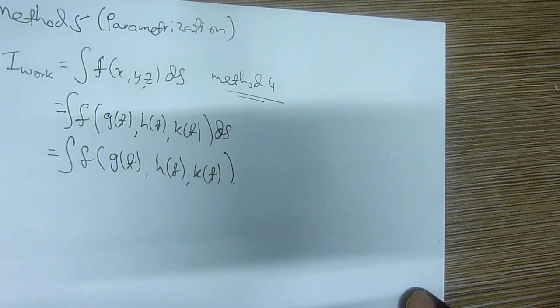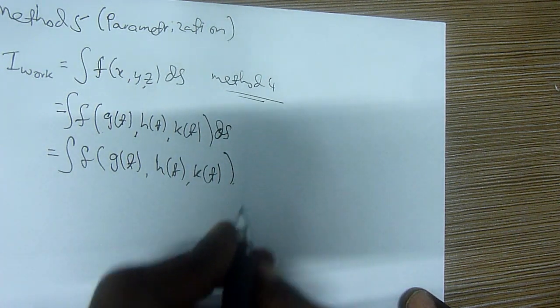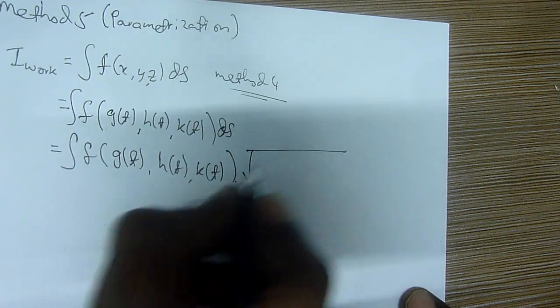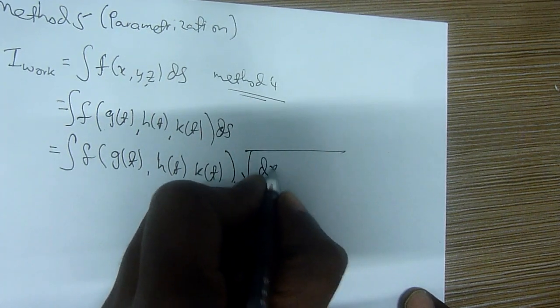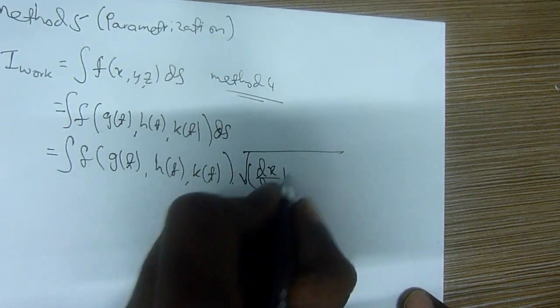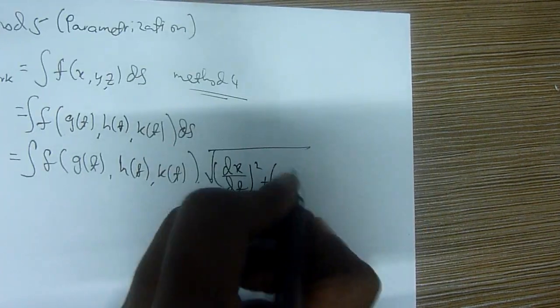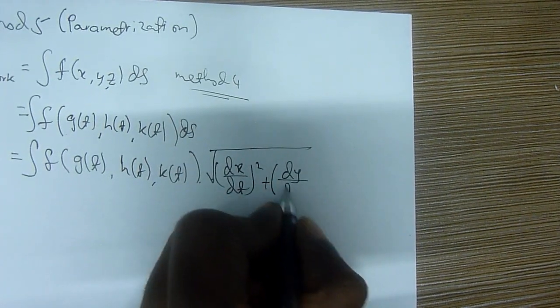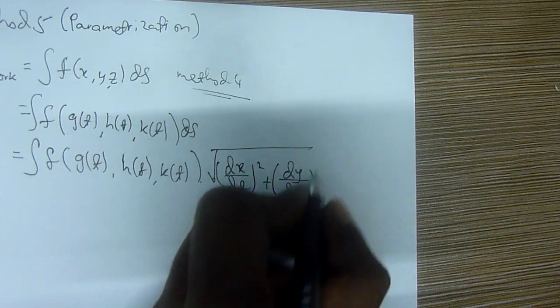ds in parametric form is the square root of dx dt squared plus dy dt squared plus dz dt squared, dt. Well, the formula looks giant, but the solution is quite fast.